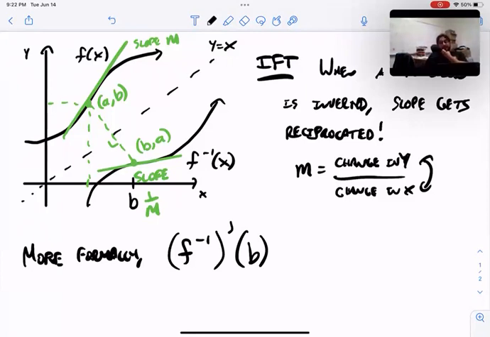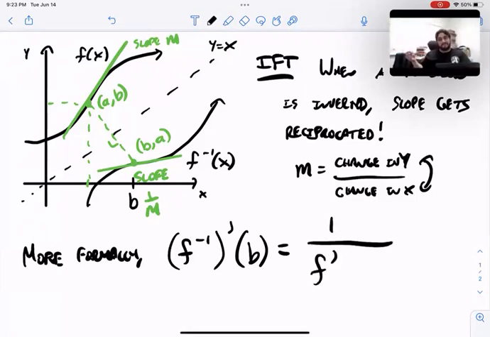So if I want the slope of f inverse at b, what is that going to be? It's going to be 1 over the slope of f, right? f prime. Evaluated at what point? Evaluated at a. Because if you look here, the slope of f is being evaluated at the input a. So you have to be a little bit careful, because it's not just that f inverse prime equals 1 over f prime, leaving the inputs the same.